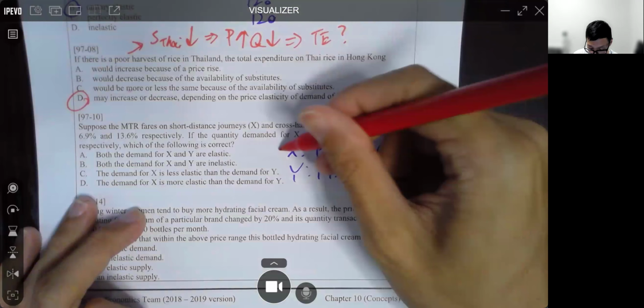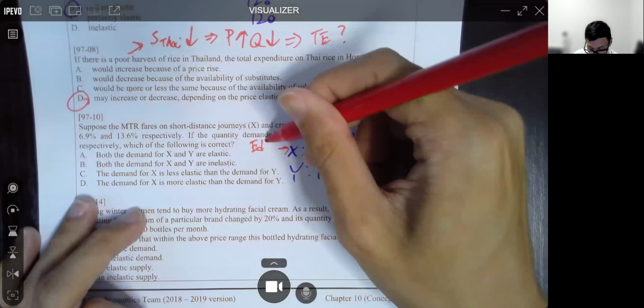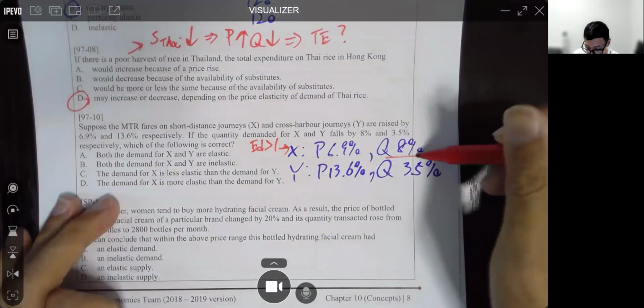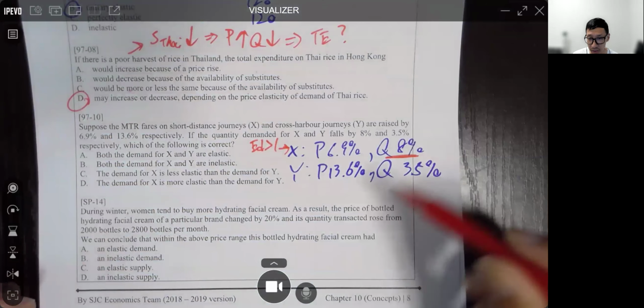ED is larger than 1, elastic. Why? Because Q is changing by a larger percentage.